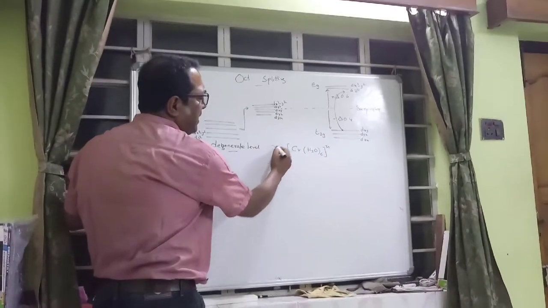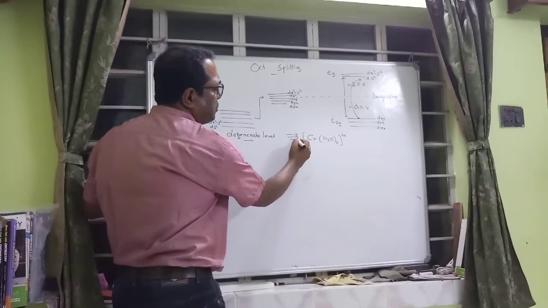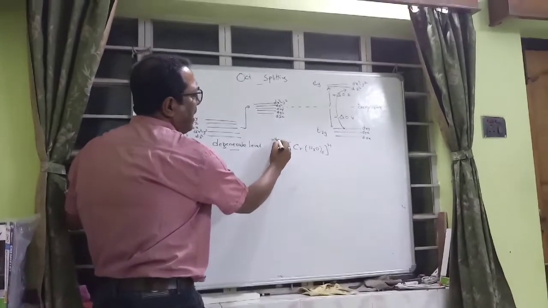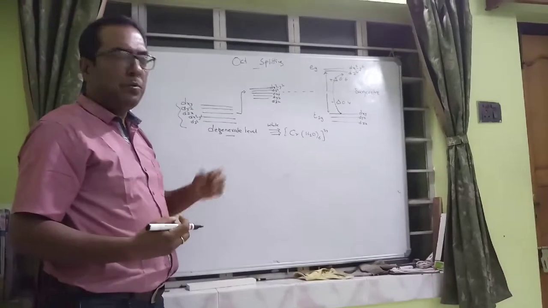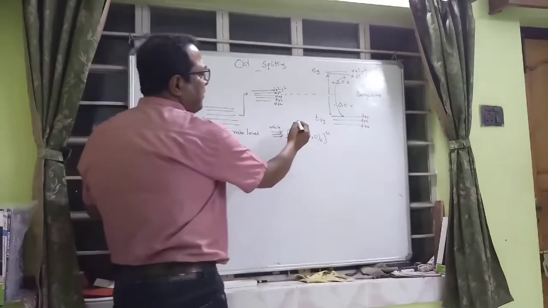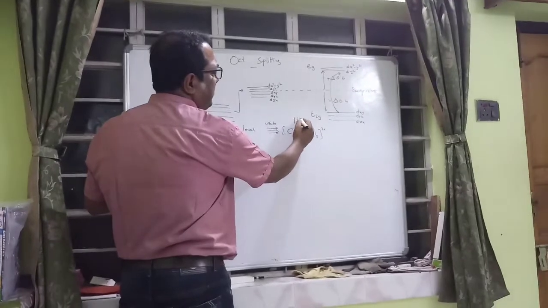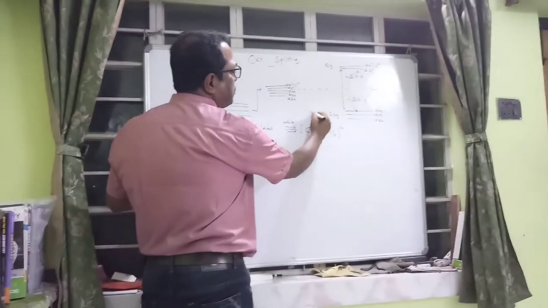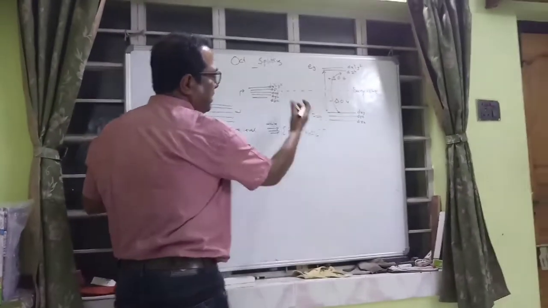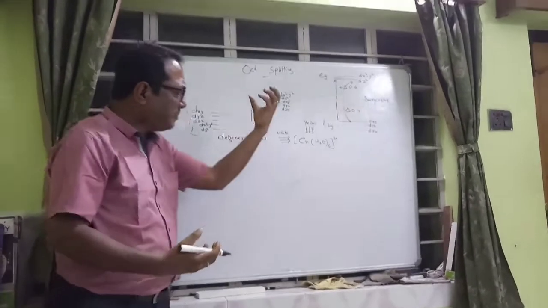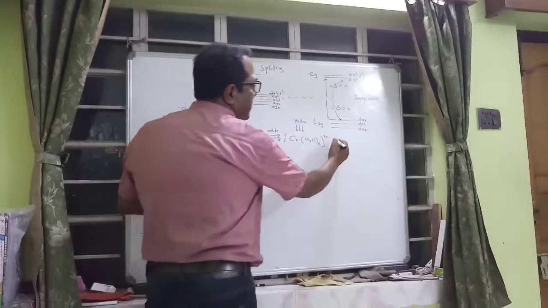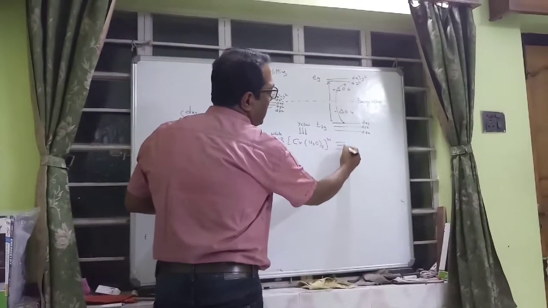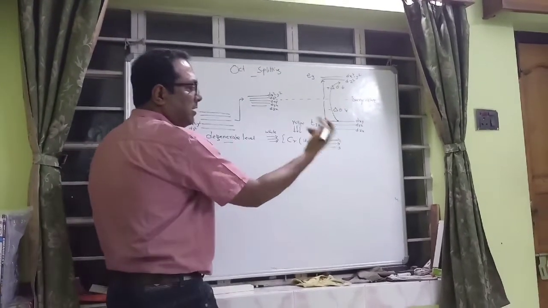So when you allow the white light to pass through it, they absorb some energy. Which energy do they absorb? It is found that they absorb energy which is equivalent to the yellow light. So if they absorb the energy of the yellow light, they would give out the complementary color. What is the complementary color of yellow?